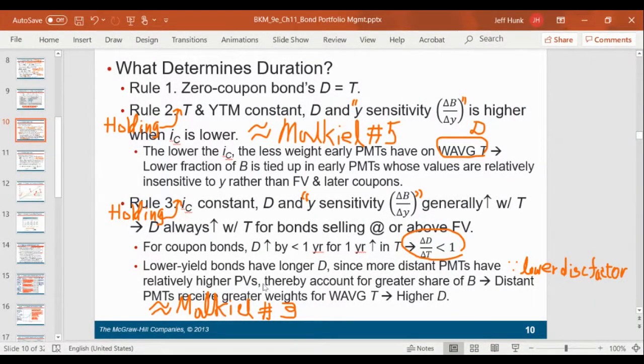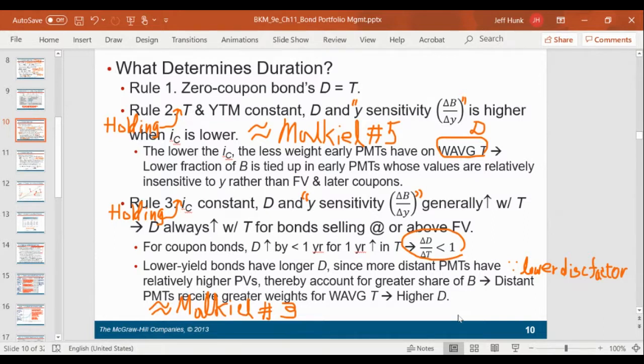I mean, when the discount rate is lower, the future cash flows are discounted less, so they end up with greater present value than when the discount rate is higher, thereby accounting for a greater share of bond price.